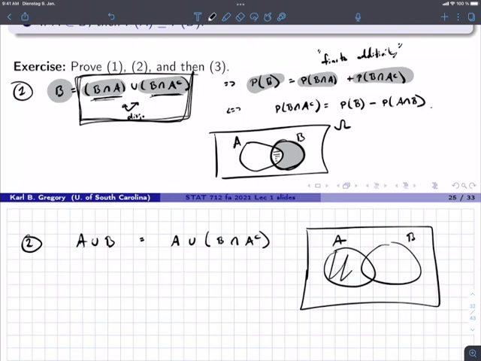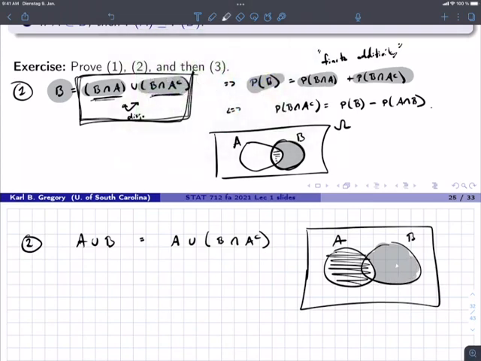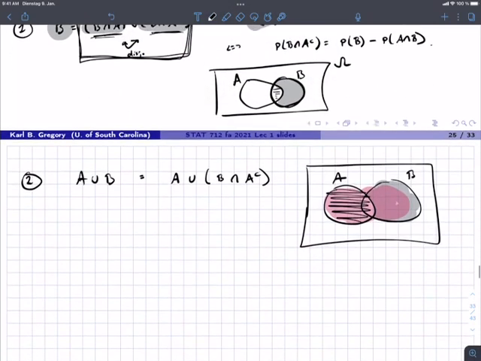So A union B is all of this stuff, but we can write it as all of A union with the part of B which is not in A. And so if we take the union of all that stuff, we get the whole thing. Okay, and these are disjoint.